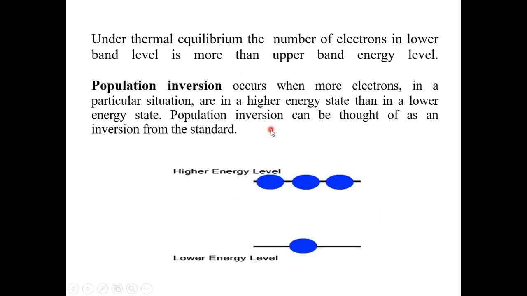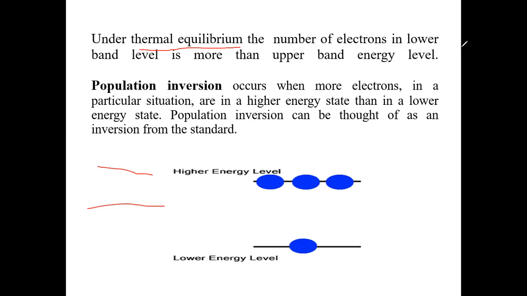Now I'll explain what is population inversion. All of you, when I was explaining the previous slide, know that there are two energy levels, a lower energy level and a higher energy level. Under thermal equilibrium, the normal condition, the usual pattern is that there are more electrons, the word electrons is used considering an electrical circuit, but when we explain population inversion with respect to fiber, it will be replaced by the word photon.